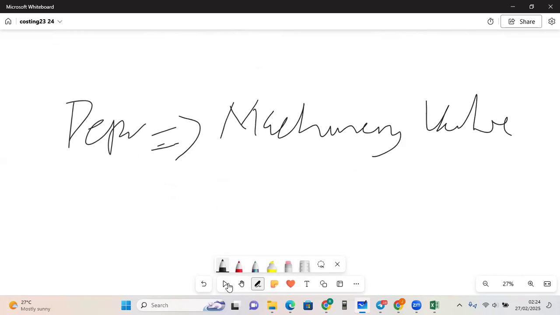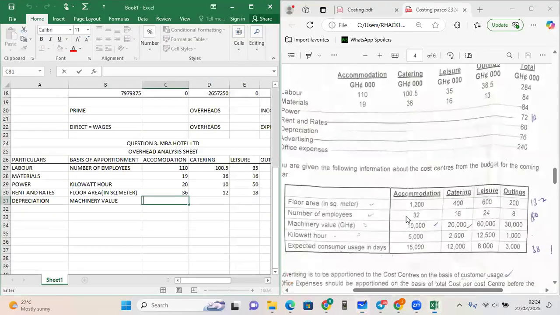Now the machine values are 10,000, 20,000, 60,000, 30,000.